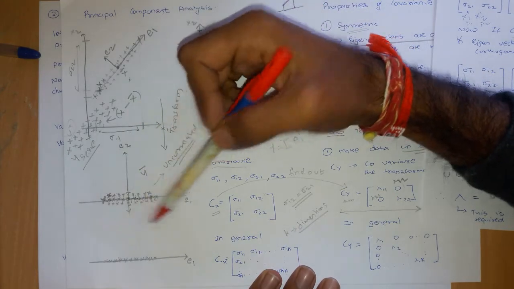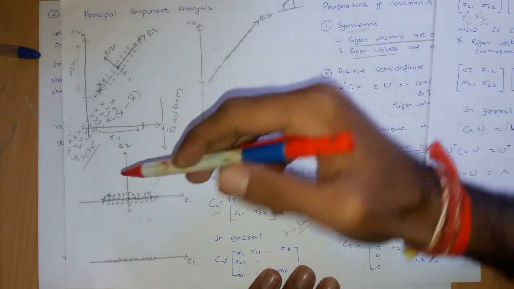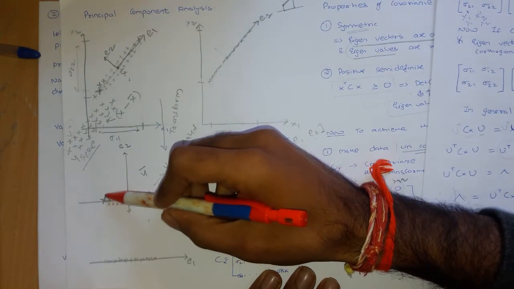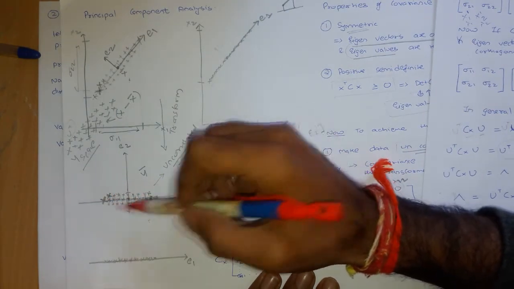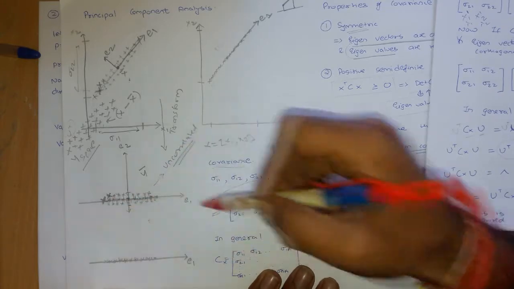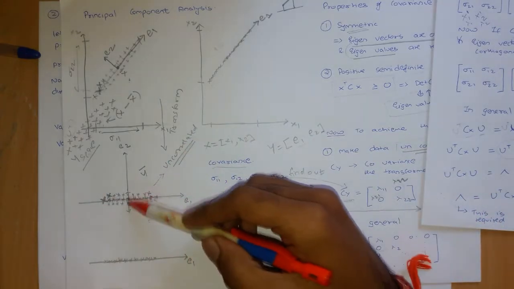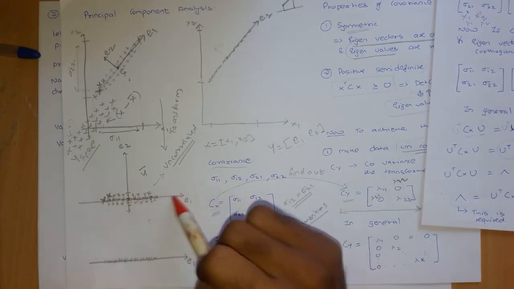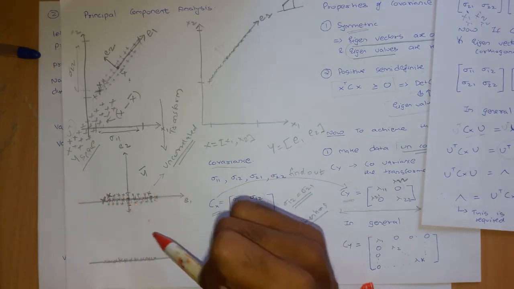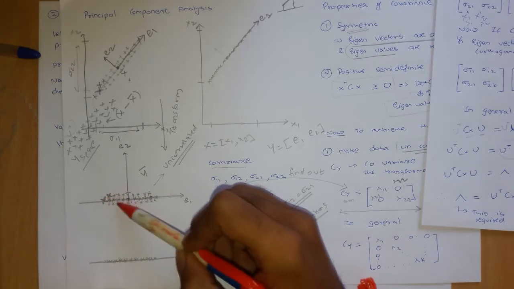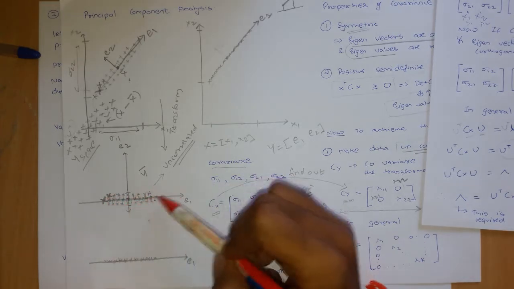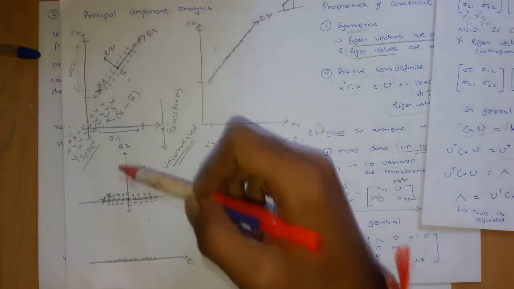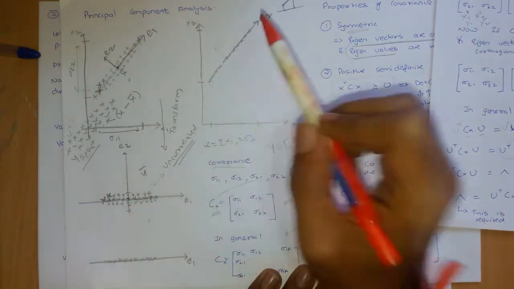Now that we have done this, the next step is to project all these vectors on the maximum variance axis. This axis you can see has the maximum variance, and this has the minimum variance. So we have to find which axis has the maximum variance. You project all the other points on this maximum variance axis and you get something like this, and you just delete or remove the E2 axis.